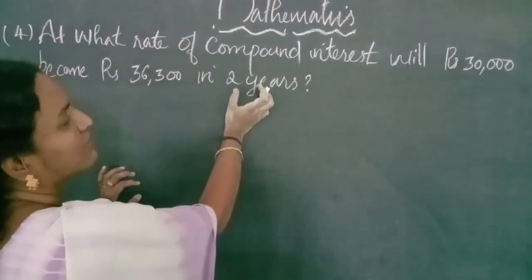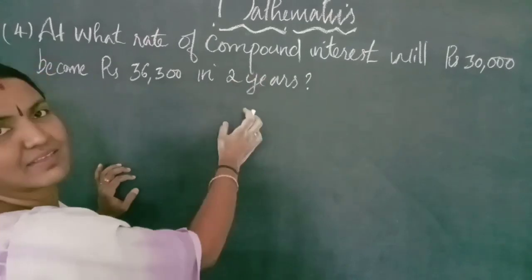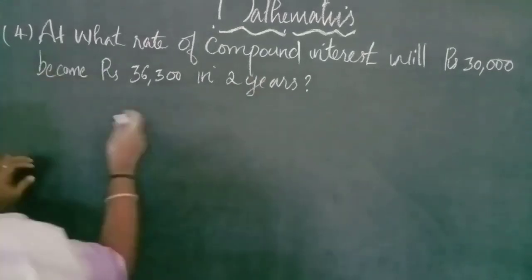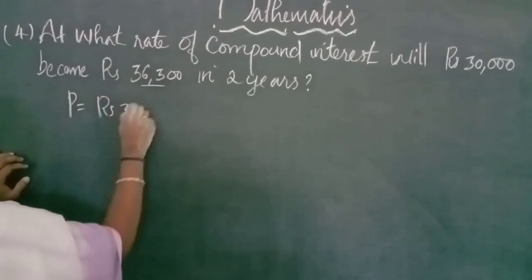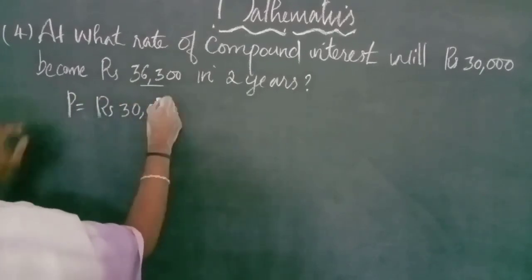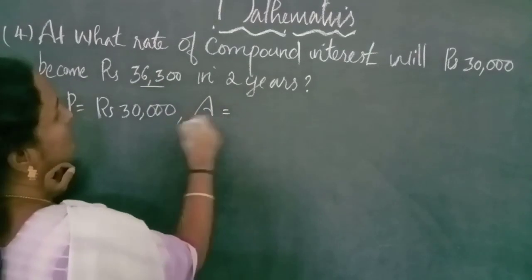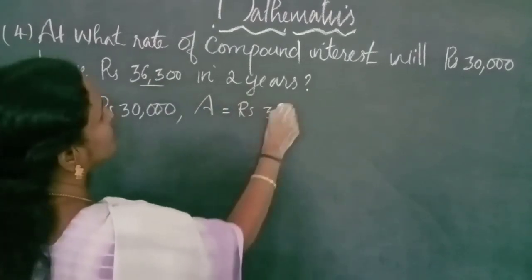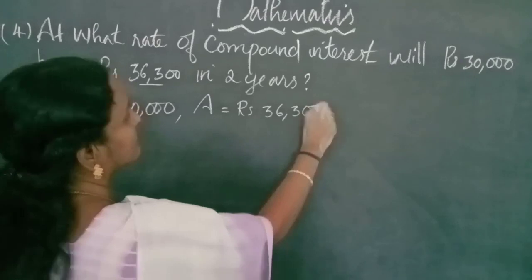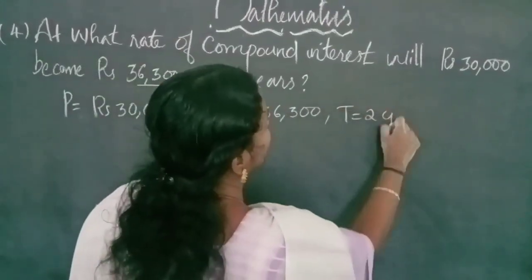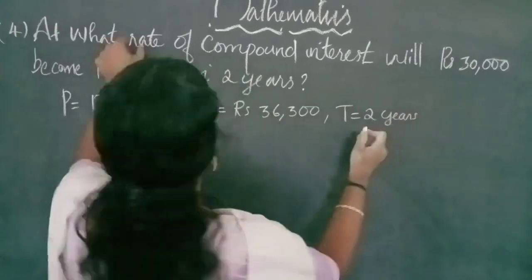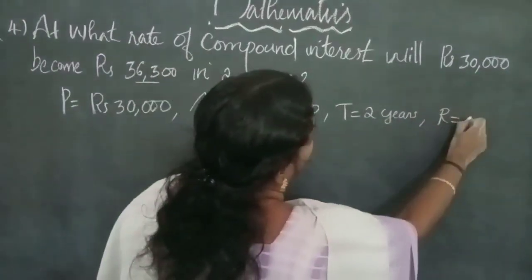Then the time is given, T is equal to 2 years. So P is equal to rupees 30,000, the amount A is equal to rupees 36,300, then time T is equal to 2 years. You have to find rate R.